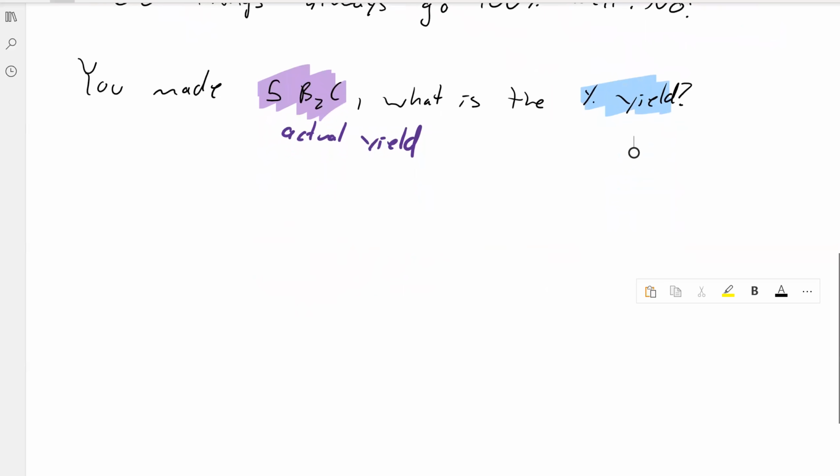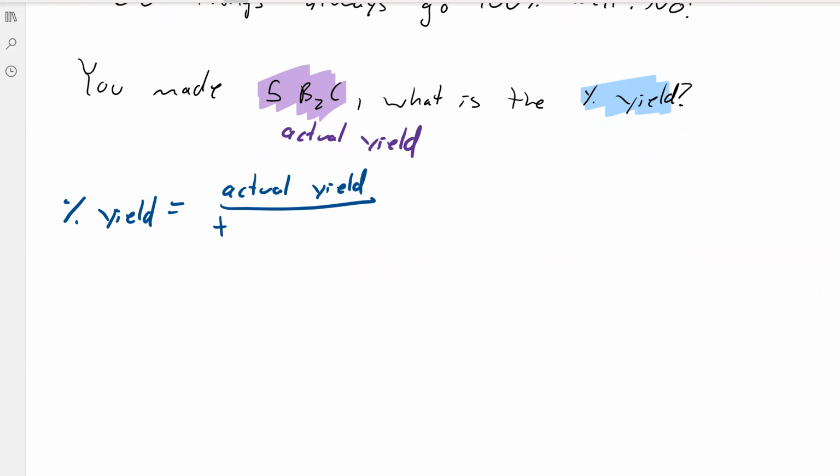And the percent yield is very simply the actual yield over the theoretical yield, times 100% just to make it a percentage. So in our case, our actual yield was the 5 sandwiches.